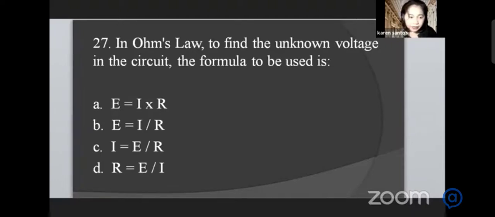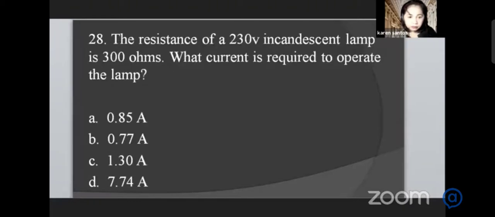So for our next question, number 28. The resistance of a 230 voltage incandescent lamp is 300 ohms. What is the current required to operate the lamp?